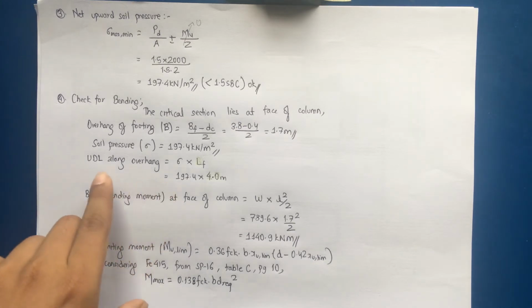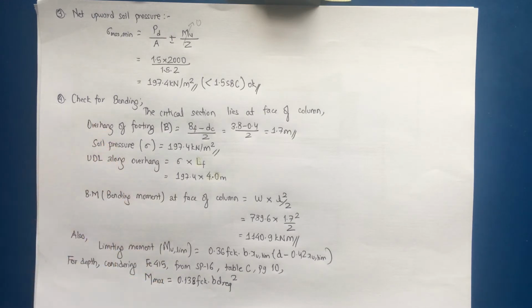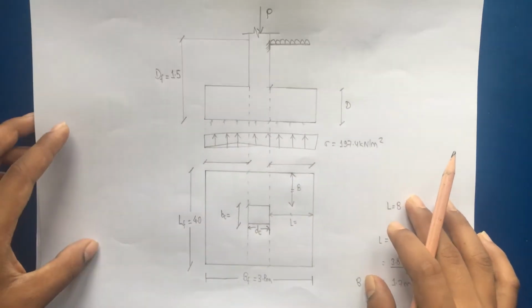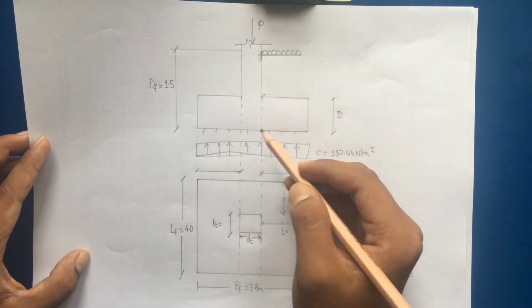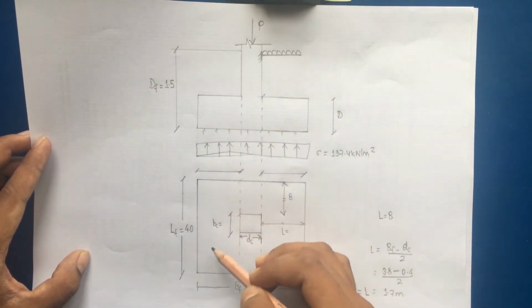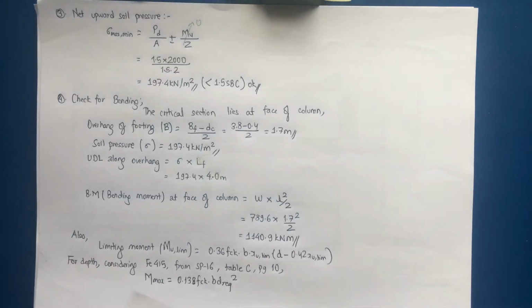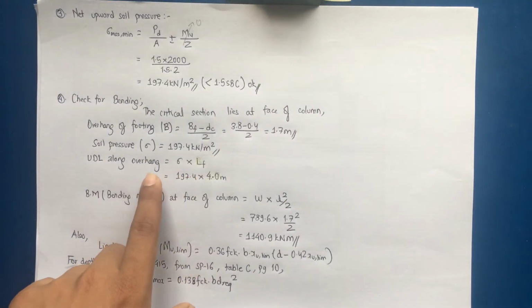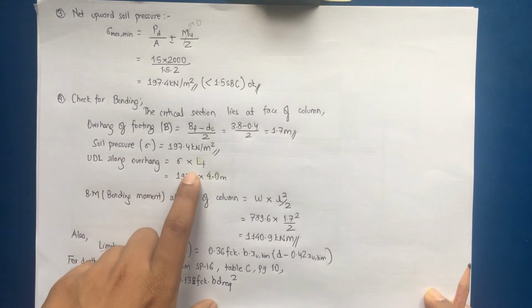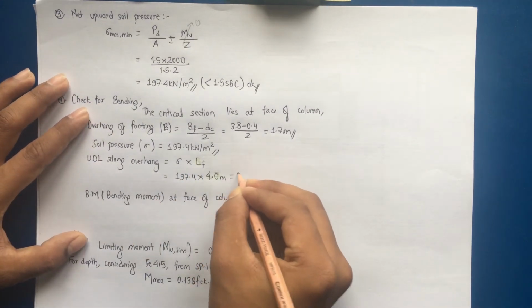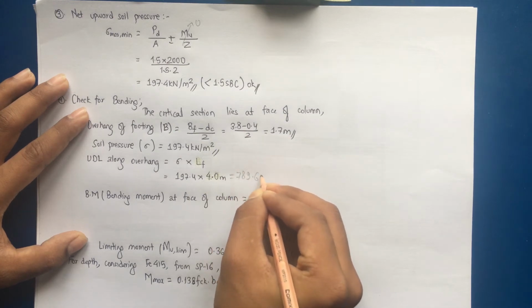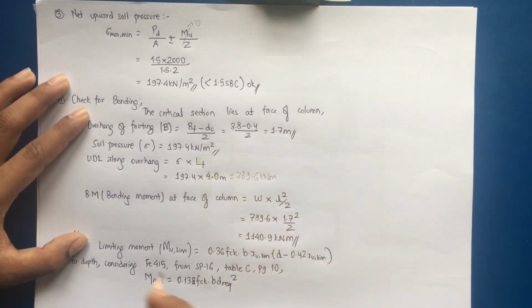And now we can check the footing for bending on either side, that is along LF or BF. If you see here, UDL along overhang, sigma into LF, this will come to 789.96.